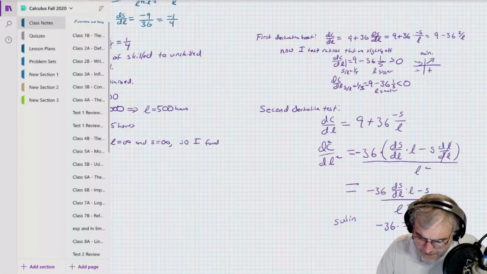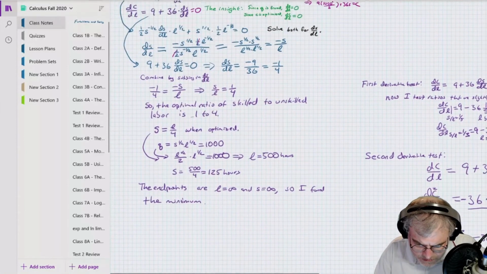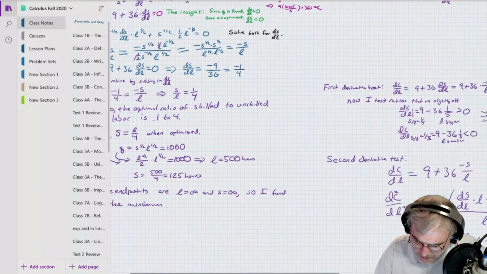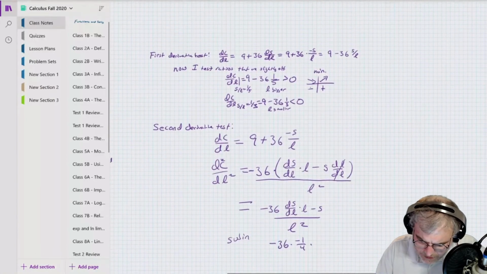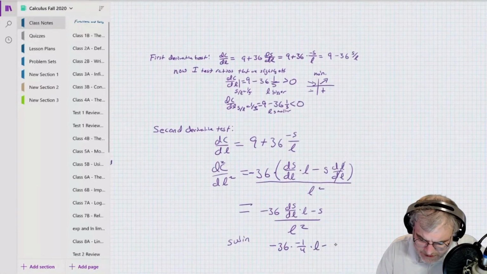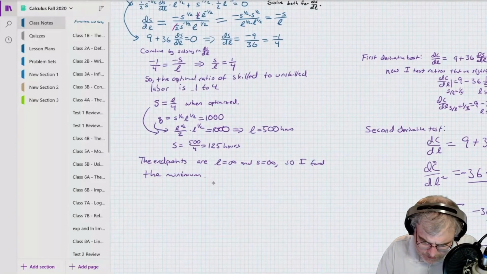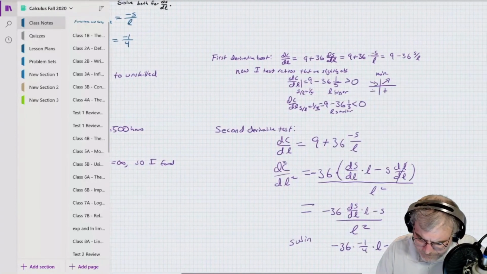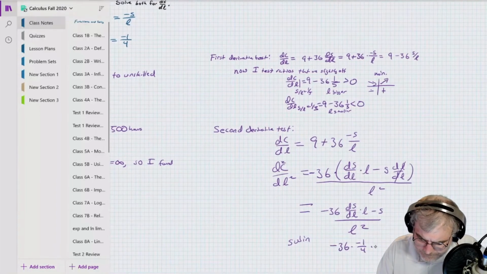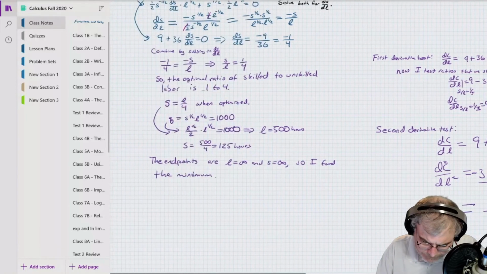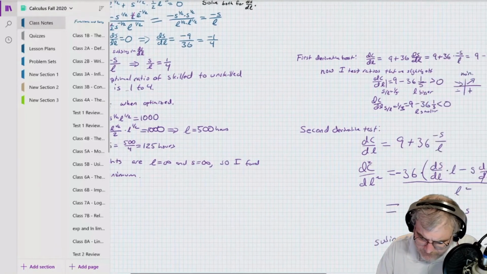And then the top here, S is L over 4. So I'm going to have L minus, oh, I do have an L. Where's my L? L is 500, minus 125.